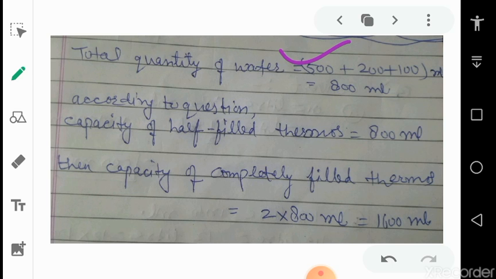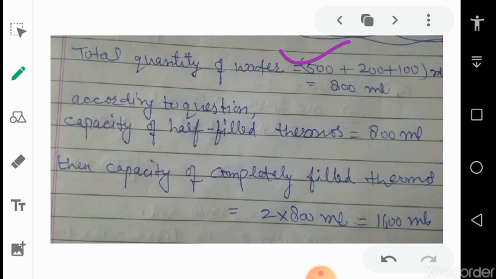According to the question, the capacity of the half filled thermos is 800 ml, because it is given that when all these 3 containers are poured into a thermos, it is only half filled, not completely. So 800 ml is the capacity of the half filled container, and if we want to find the complete capacity, it is just double the half.